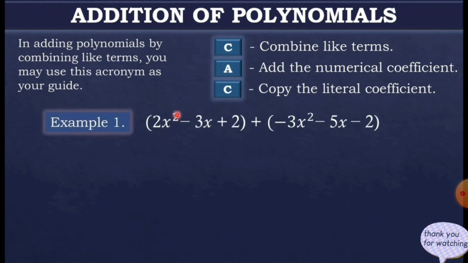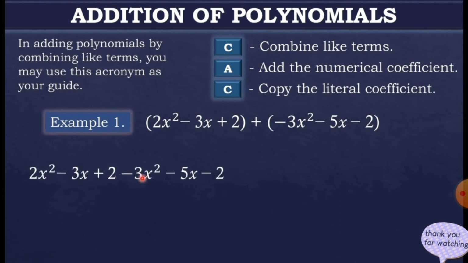Okay? So, for example here, number 1, 2x squared minus 3x plus 2 plus the parenthesis, negative 3x squared, negative 5x minus 2. Okay? So, ito. So, trinomial added by trinomial. So, step 1, you have to combine like terms. So, ano ang like terms here?